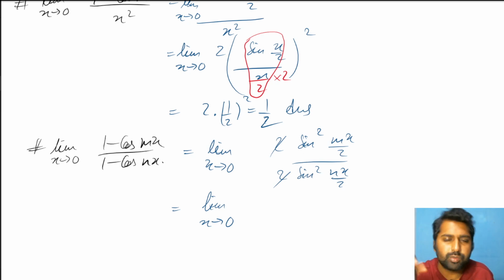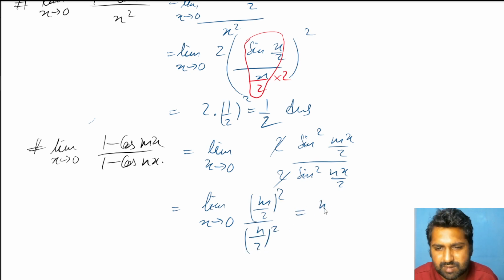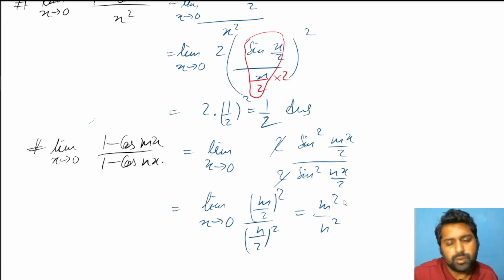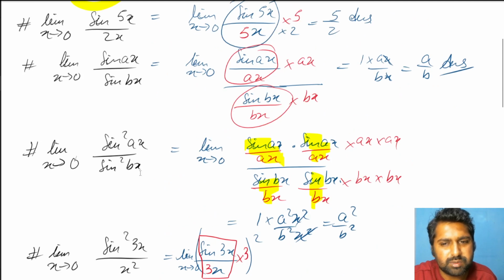Now this time, if you want to go through the basic part, yes, you can, but this time I want to increase the speed. If you are doing this in an objective test, you need to increase the speed. So sine square by sine square, effectively what happens is these factors get squared, so basically m by 2 whole square upon n by 2 whole square. So that becomes m square by n square. If you want, you can take a few steps also, it won't make much difference. But I'm comparing it with this question, sine square ax by sine square bx. The answer was a square by b square.